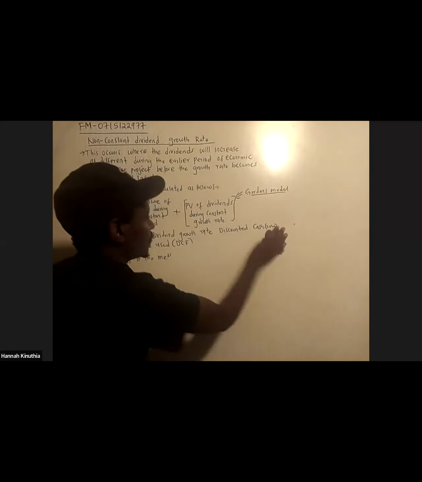From that question, you can see clearly that it will reach a point where the dividend will become constant. So this is the method, the DCF, discounted cash flow. CF means cash flow, D means discounted. So let us do it.